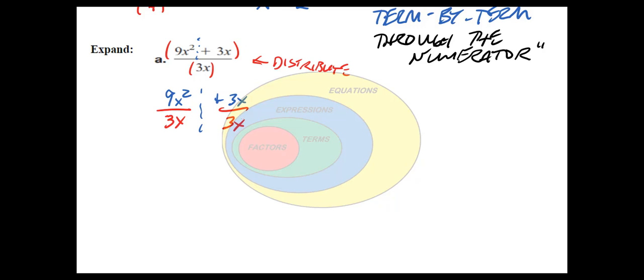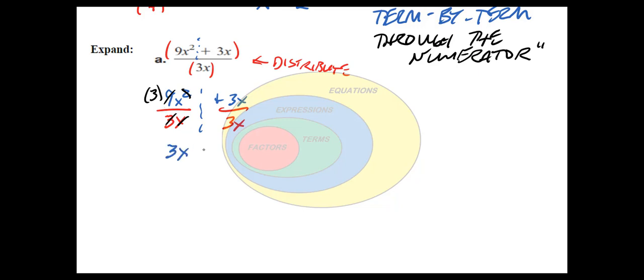Once we have this, now we can cancel all common factors to simplify. In the first term, the 3 and the 9 cancel, leaving a factor of 3. And the x and the x squared cancel, leaving 1x in the numerator. So what's left on the left term would be 3x.